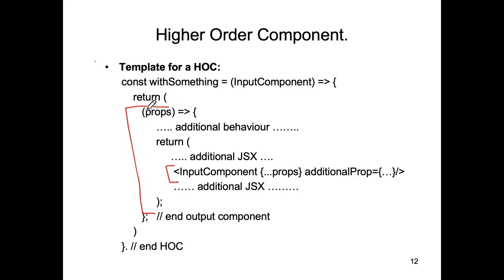So it's returning a component and it received a component. And what you put in here then is the additional stuff that you want to wrap around the input component, whether it be behavior or some additional JSX or some additional props. The props would have been computed in here, and then they would be passed into the input component that was received.